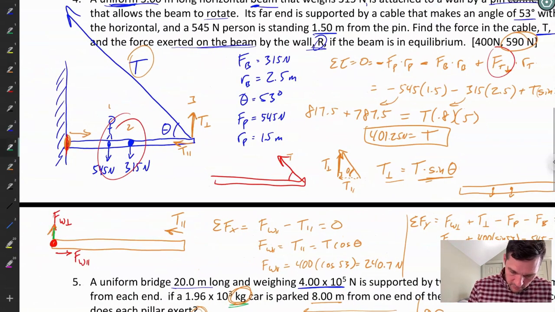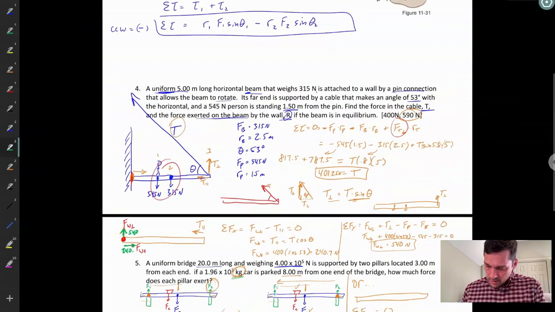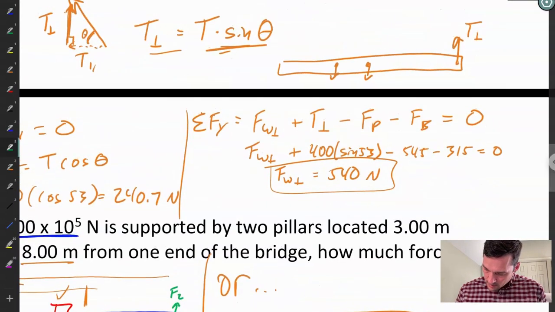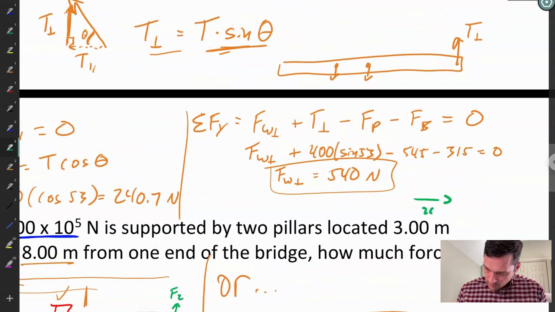Looking over here on the left, 540 newtons this way, and 240 newtons this way. And so then we've got to put those together. We've got 240 this way, 540 this way.